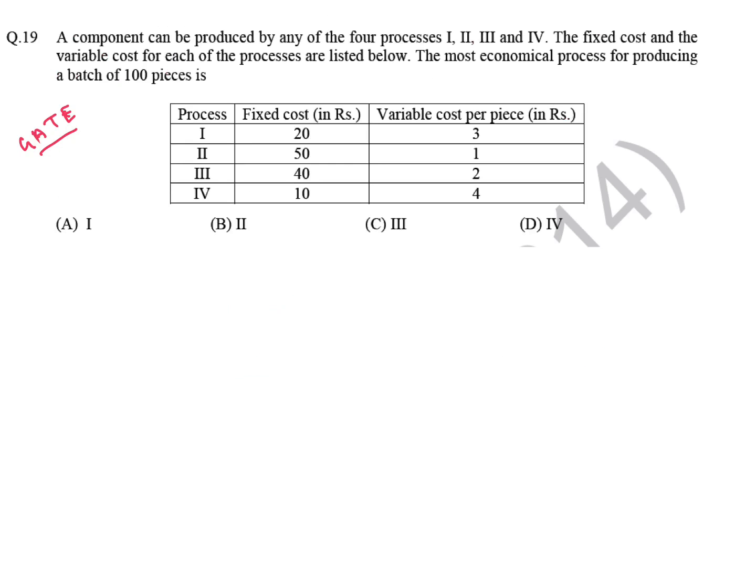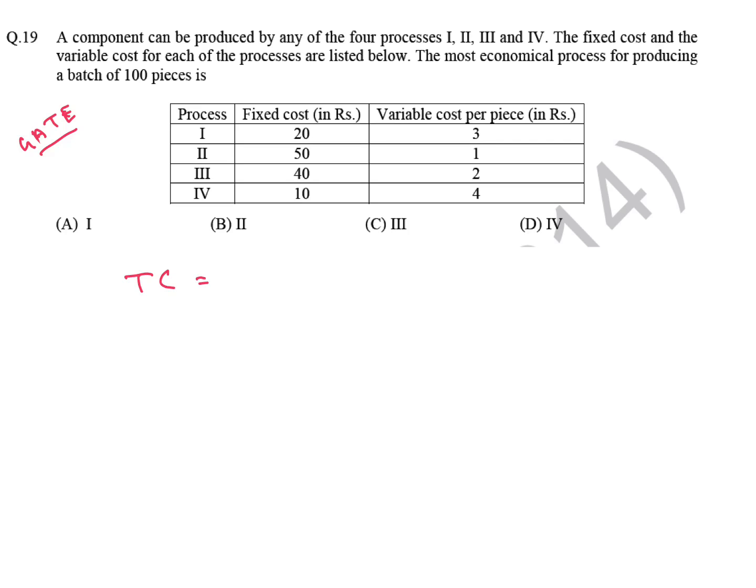Question is, a component can be produced by any of the following 4 processes, I, II, III and IV. The fixed cost and the variable cost for each of the processes are listed below. The most economical process for producing a batch of 100 pieces is which? First you have to calculate total cost.